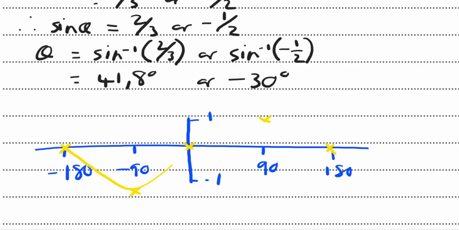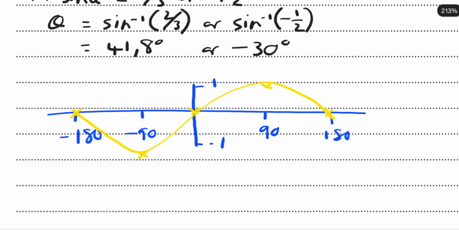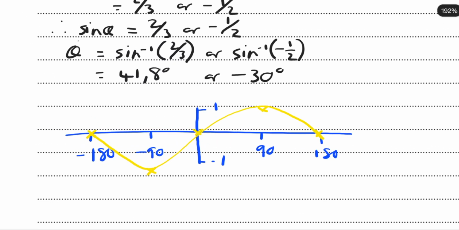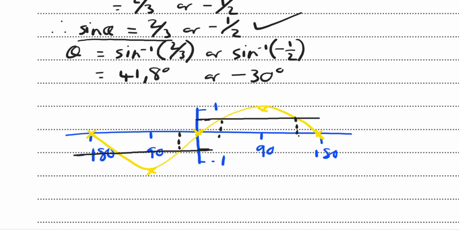So we can see that if we have sine theta being equal to 2/3, 2/3 will be somewhere here, and if we extend the line, we get two answers, one here and the other one here. And when sine theta is equal to minus half, it's somewhere here, and extending the line, we get two answers, one here and the other one there.